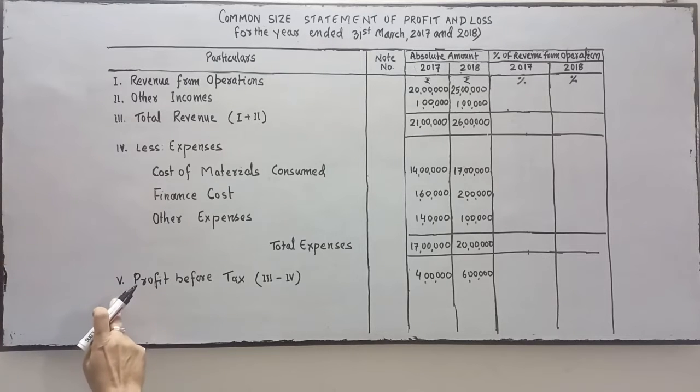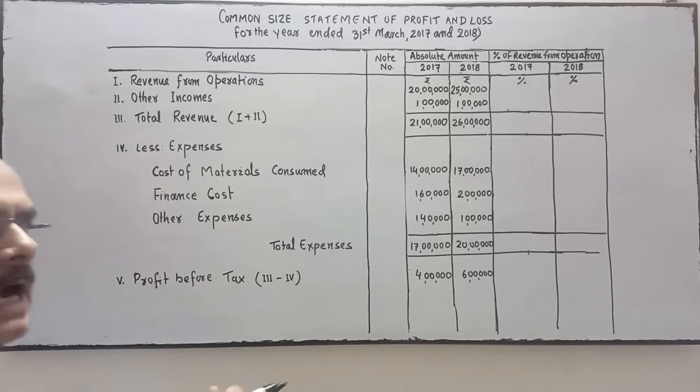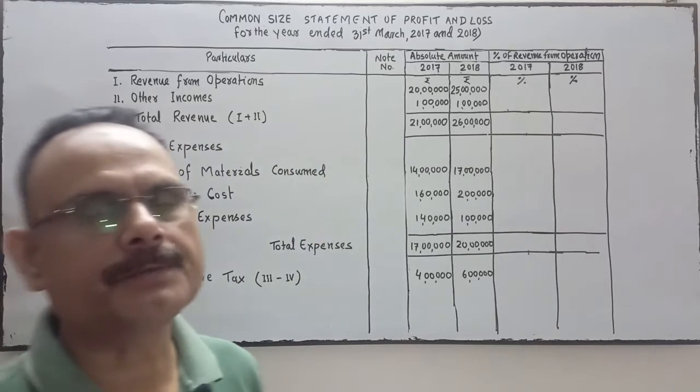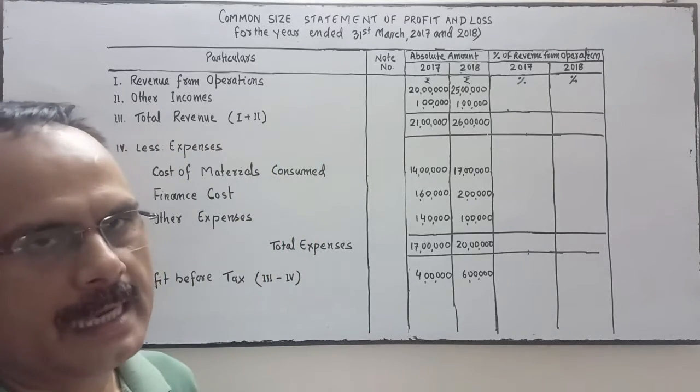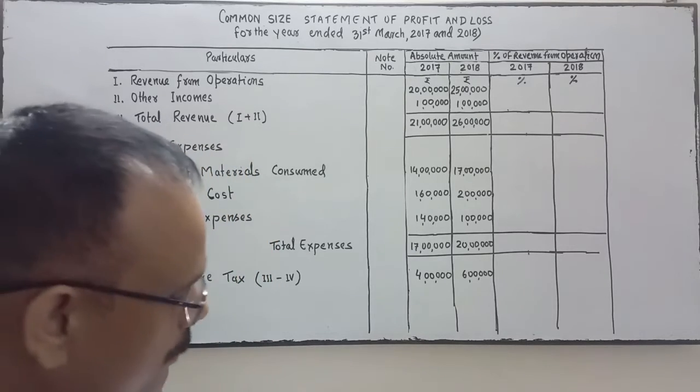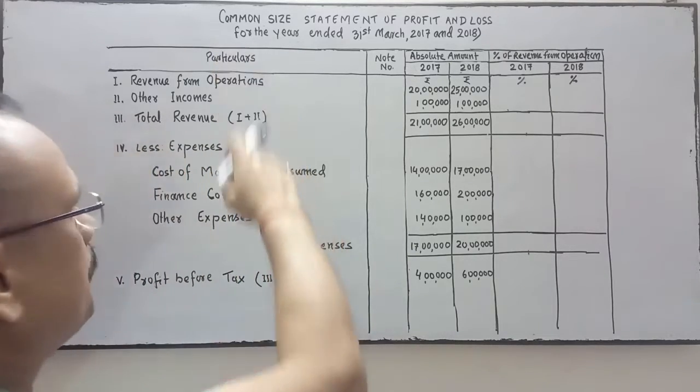If the tax is given in the question, then we will write it as less tax in item 6, and thereafter 7 will be profit after tax. Okay, profit after tax. This is the format of the statement of profit and loss as per Schedule 3, Part 2. So according to that format, we will prepare it.